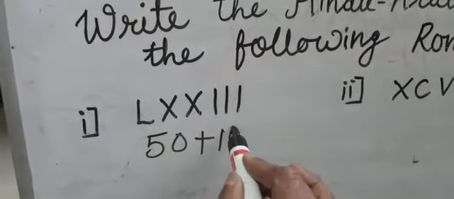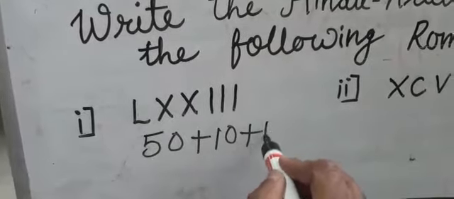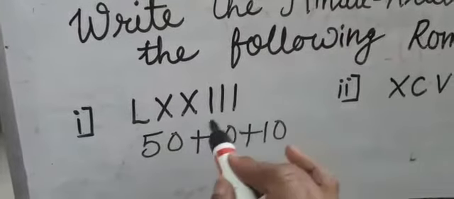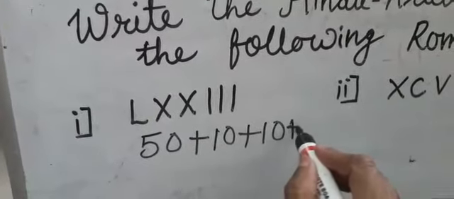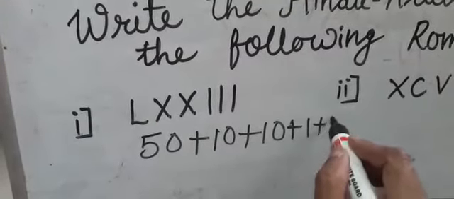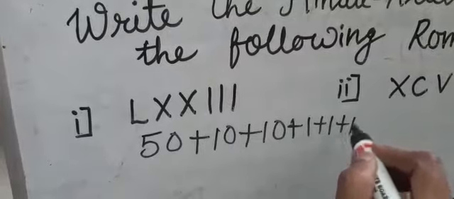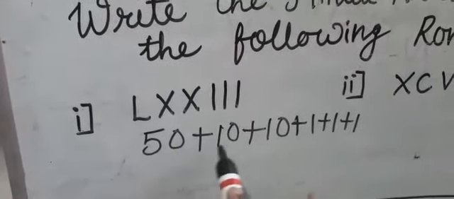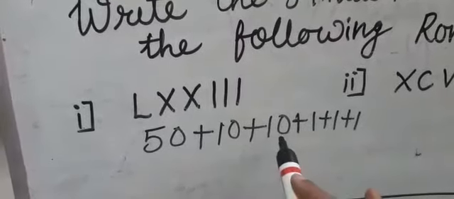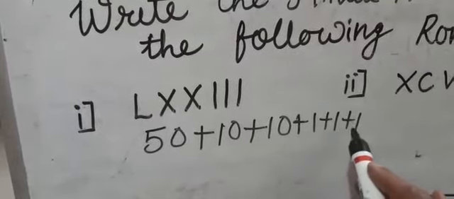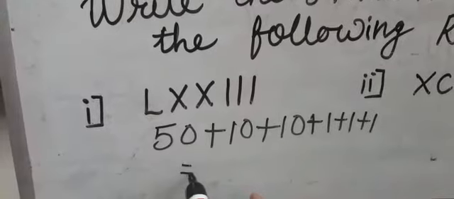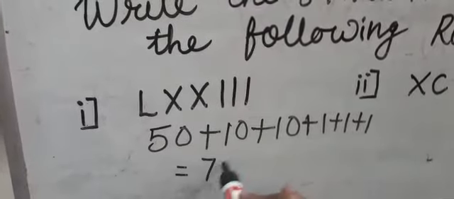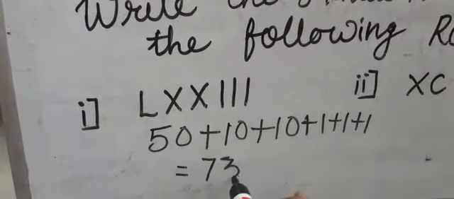So 10 plus 10 and this 1 three times, so it will be written 1 plus 1 plus 1, as we have done before. So 50 plus 10 plus 10 will give me 70 and 1 plus 1 plus 1 gave me 3. So this Roman numeral in Hindu-Arabic is representing 73.